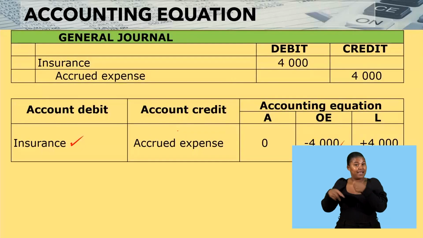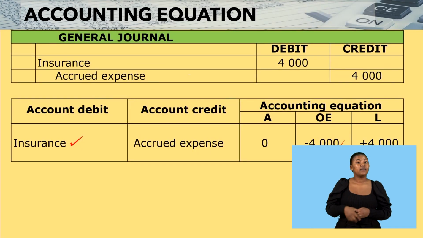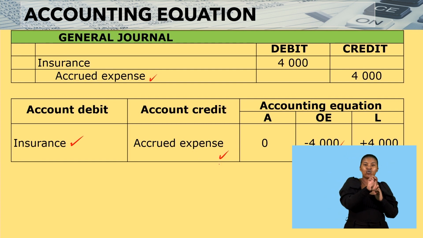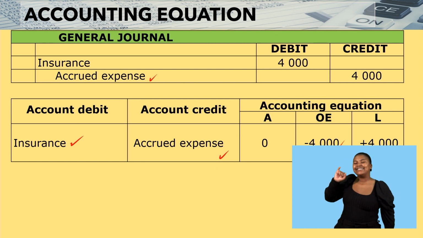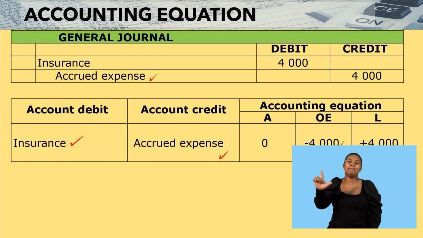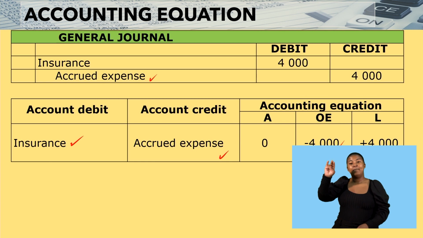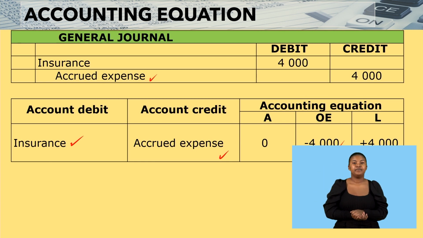But remember, in my general journal, I also credited accrued expense. And accrued expense, remember, I am owing. And once I am owing, I consider it a liability. So I'll come here, then I say my liability is increasing, plus 4,000. Remember, once you're owing a particular company, your liabilities will increase.